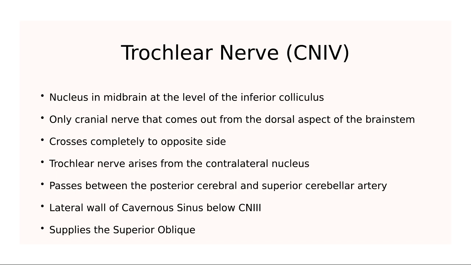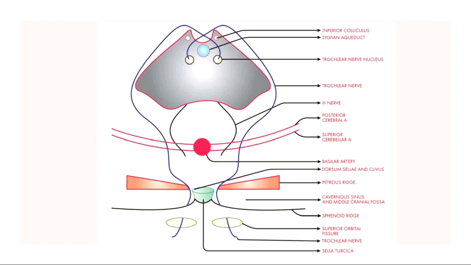And so the trochlear nerve will arise from the contralateral nucleus. It passes between the posterior cerebral and the superior cerebellar arteries. Then it goes to the lateral wall of the cavernous sinus below the third cranial nerve, and from there it moves on to supply the superior oblique muscle.